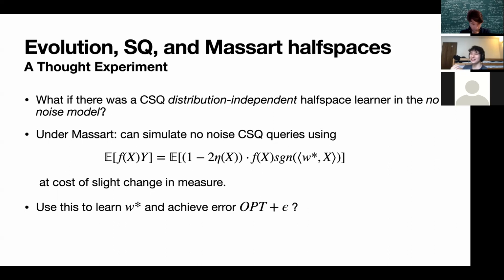So I can just run that CSQ algorithm, which works when there's no noise, and I would be able to learn the half space under Massart noise. Because there is a change of distribution, but the densities are bounded with respect to each other, if you get a plus epsilon on one, you'll pretty much get a plus epsilon on the other. So this would totally solve the problem if this were the case.